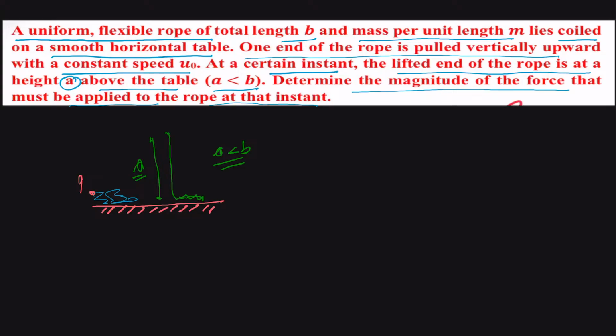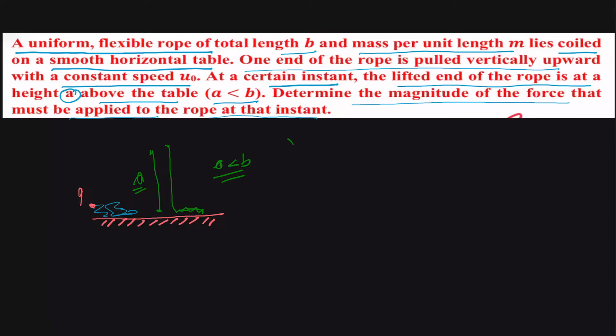So we are given that we have a rope, total length given as b, and we are also given mass per unit length, that is m.